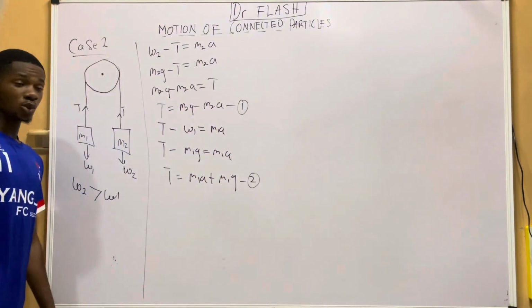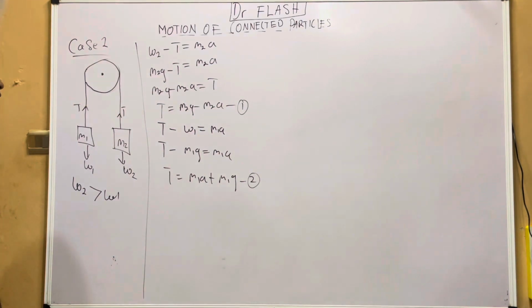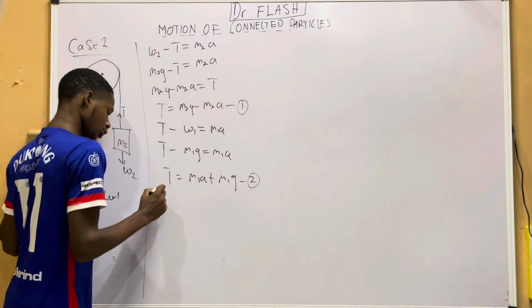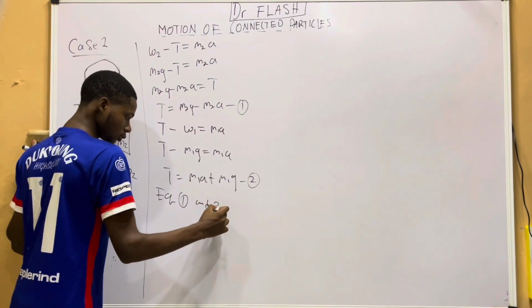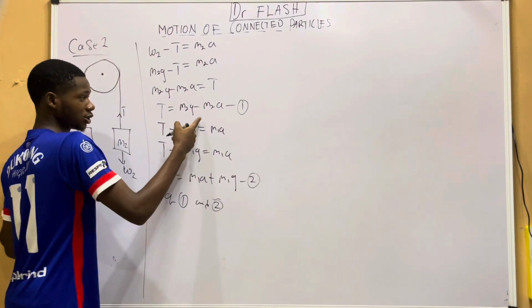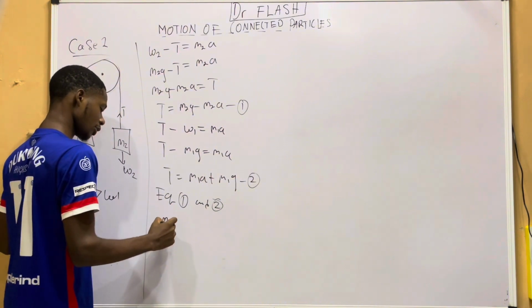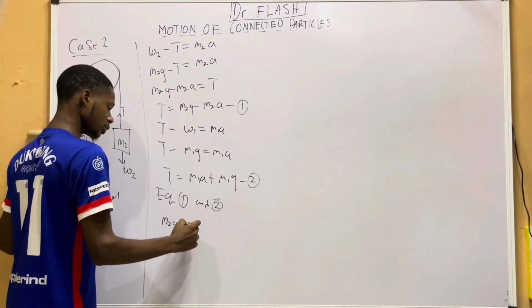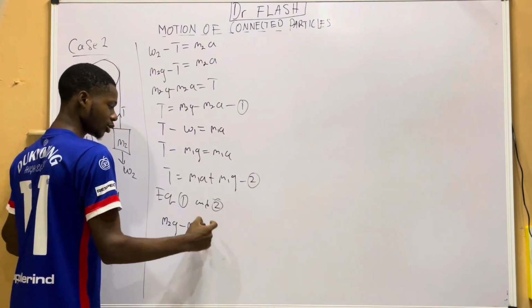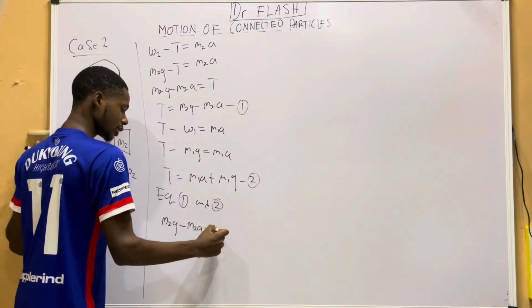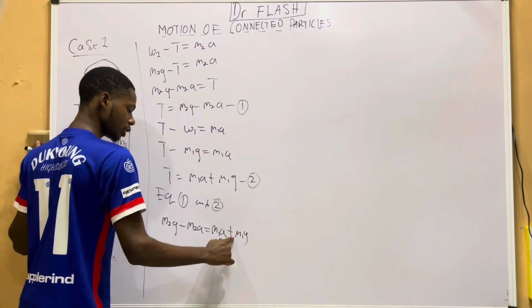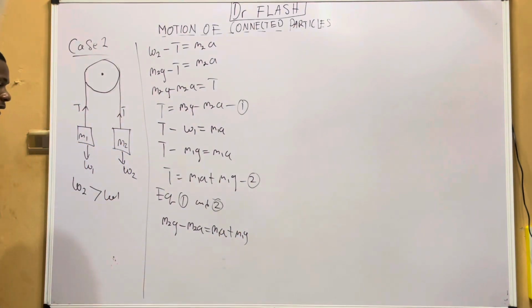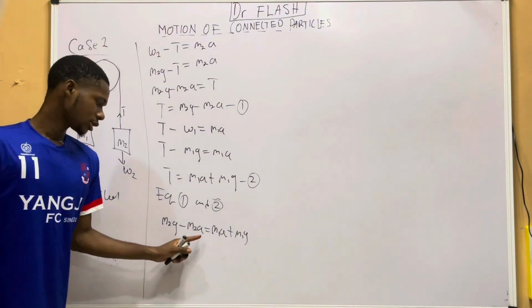Now let's equate equation 1 and equation 2 and then solve for the acceleration. Equation 1 is M2G minus M2A, so we have M2G minus M2A equals equation 2, which is M1A plus M1G. That's what we're going to get. Now let's make A the subject of the formula.